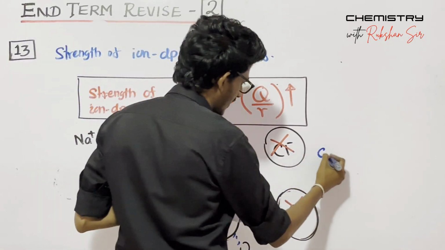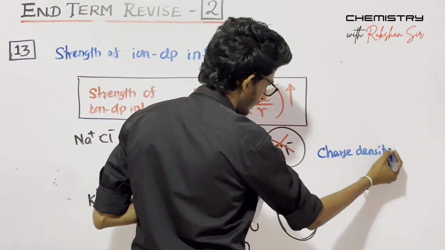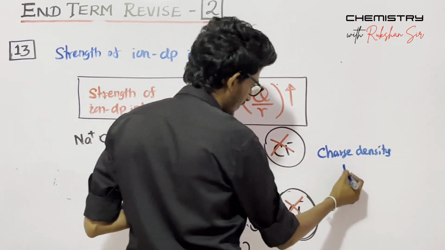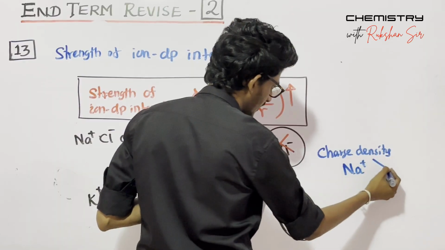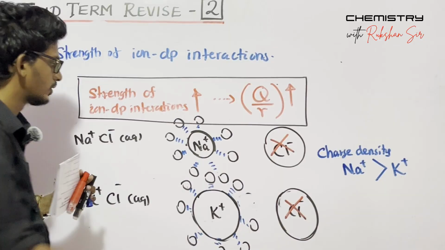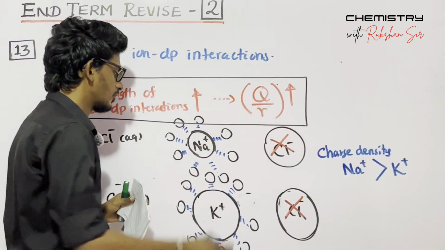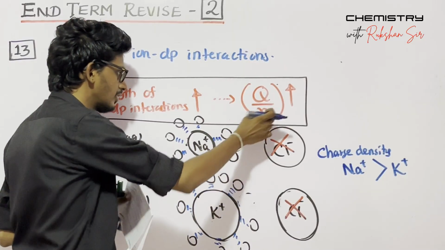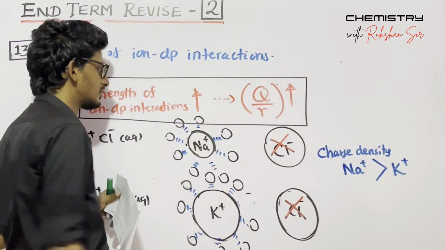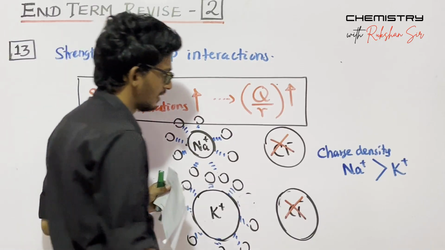The charge density of sodium plus is greater than that of K plus because of the radius. Both carry the same plus one charge, but when it comes to radius, the sodium ion has a small radius. That means charge density is high. When the charge density is high, the strength of ion dipole interactions becomes larger.